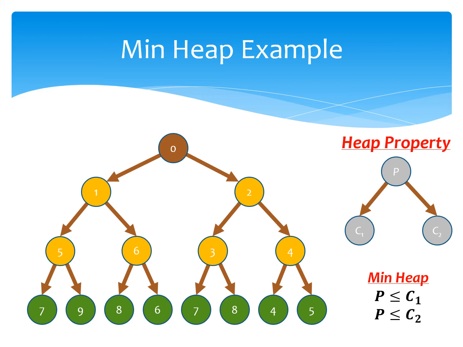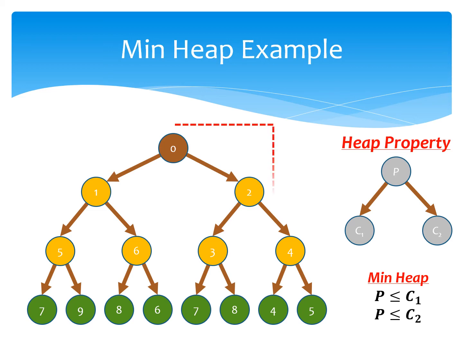As you can see on the right of the screen, the symbol P represents a parent node, and symbols C1 and C2 represent child nodes. The property of the min heap is that the key of P is always less than or equal to that of its child nodes.